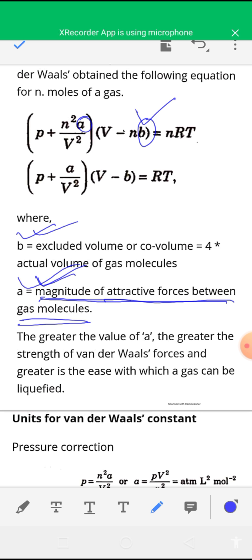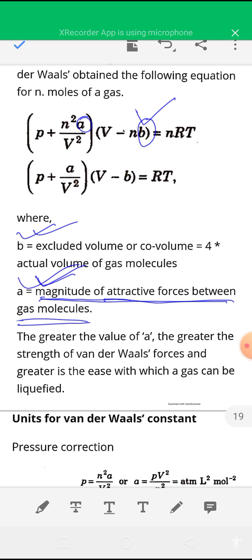Second, a is the magnitude of attractive forces between gas molecules. If the value of a is high, then the force of attraction between the gas molecules will be high.